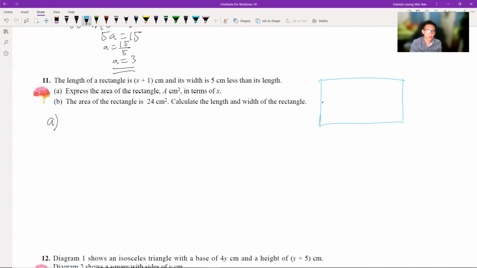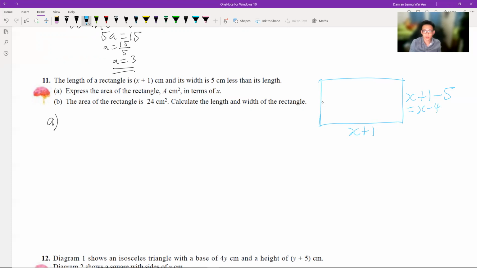When you sketch it out, it's easier to visualize, it's easier to compare between the different information. So length of a rectangle, x plus 1. The width is 5 cm less, means the width here is x plus 1 minus 5. Okay, the length minus 5, which is x minus 4.